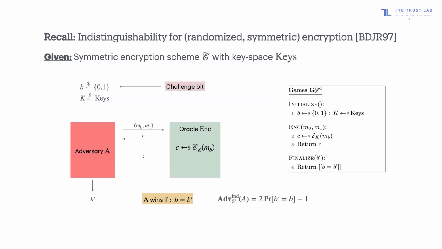The oracle picks one message and encrypts it based on the challenge bit B and sends the ciphertext back to the adversary. After making as many queries as it wants, it finally returns a guess for the challenge bit and wins if it correctly guesses the challenge bit. The advantage is given by that equation, which just means how much better it can do than simply guessing the bit B. And formally, the game would look something like that on the right.